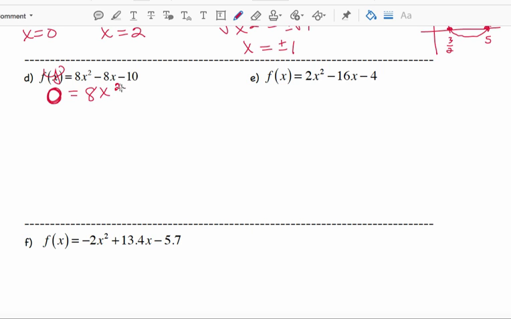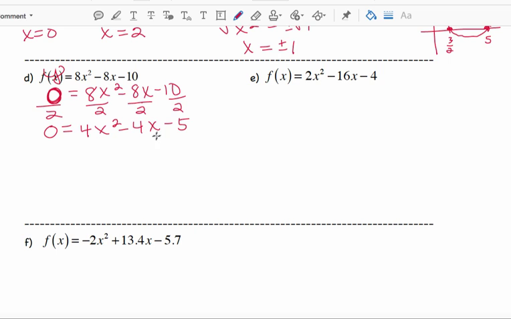And then you can go ahead and reduce this entire equation by 2. What you do to one side, you do to the other, and it's keeping that equation balanced. So I can divide the entire equation by 2. And I get 0 is equal to 4x squared minus 4x minus 5.